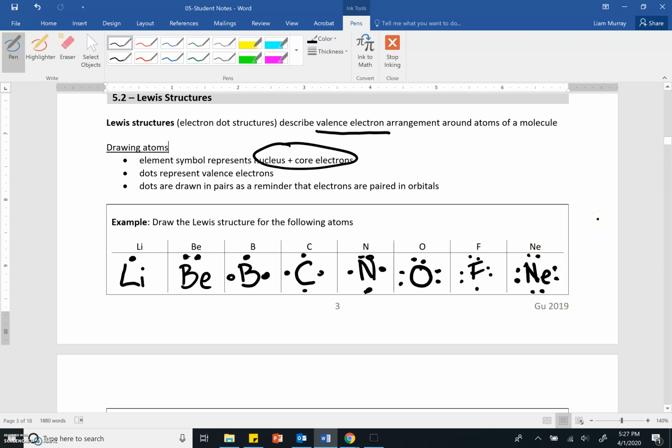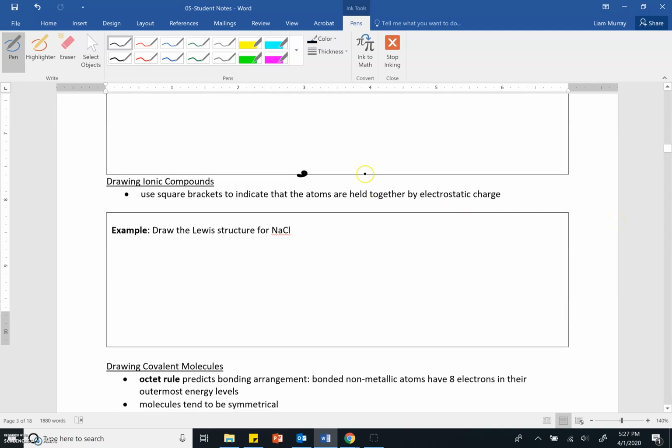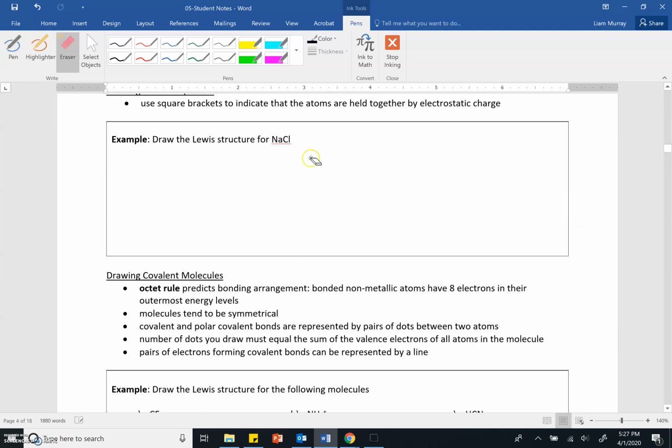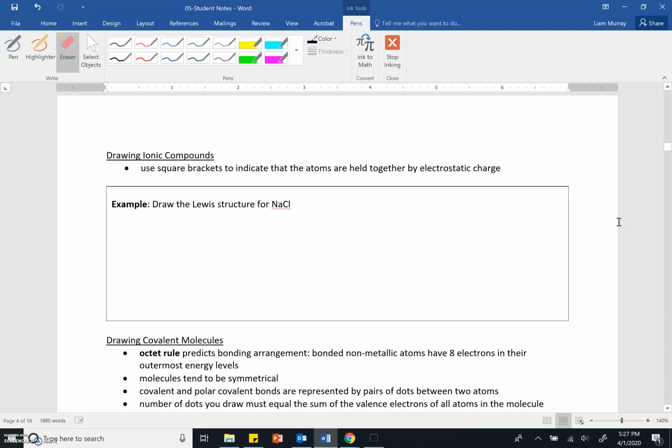So let's go down and start looking at using the Lewis structures to show different compounds. The first one that we're going to be looking at is Lewis structures for ionic compounds.